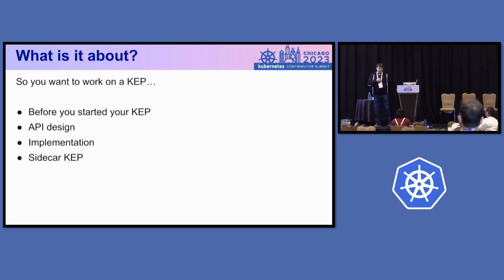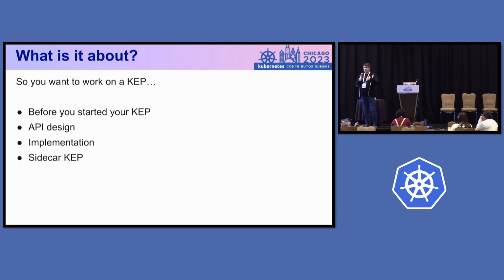So before starting the KEP, the KEP process is generally quite easy and straightforward. We have some documentation. You need to plan ahead. You need to understand what the KEP is about, and then you need to make sure that the API is approved, and then go to implementation, and that's it.